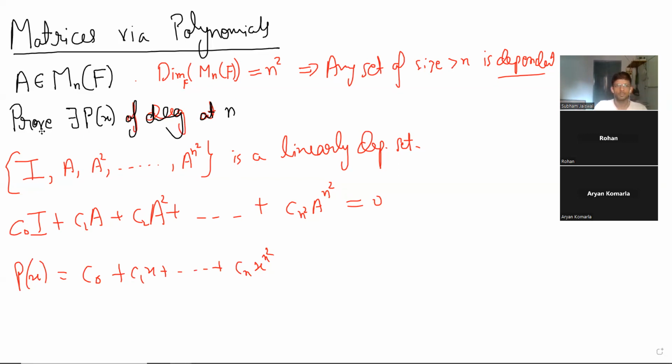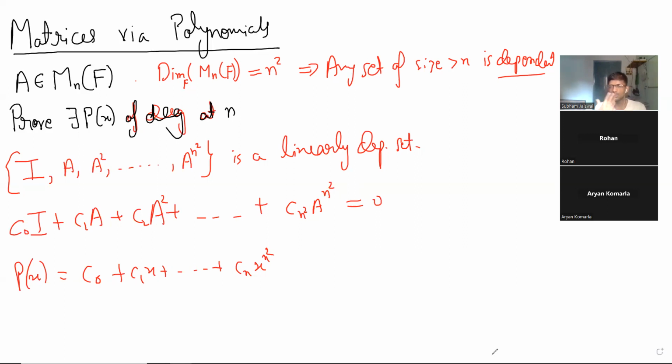And that is an interesting thing. That's where algebra and vector space come into play. Because even though this is an n squared dimensional vector space, these vectors I, A, A squared are sort of related to each other. In an algebraic sense, they are related, right? Because they are powers of one thing. That's why you don't have to go beyond n to get a relation. And that is a claim. Is it obvious? I don't know.